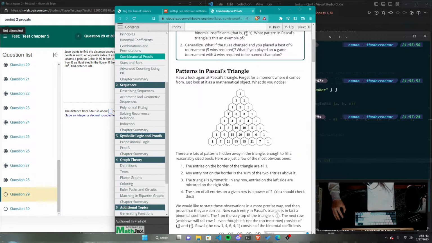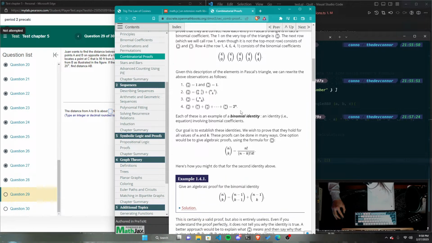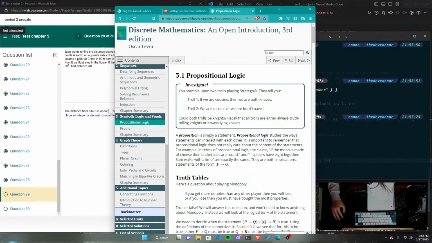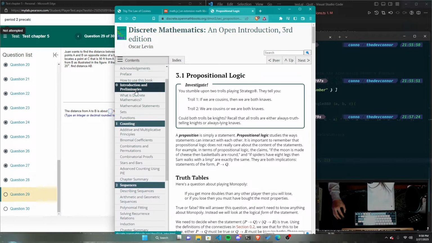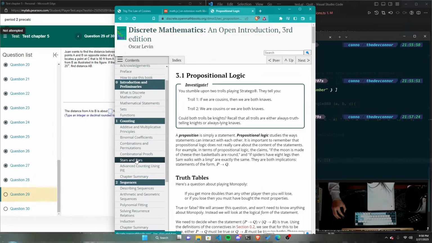Oh, no. So go down to 3. That one's actually kind of like... so go down to exercises, and then 3. Did I go too far? Yeah. It's section 1.4. Combinatorial proofs.